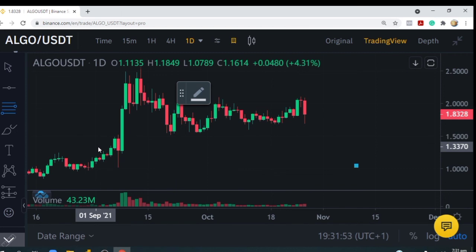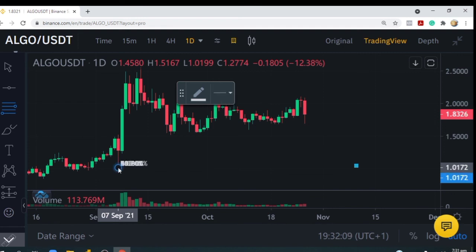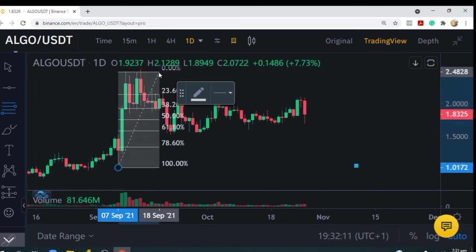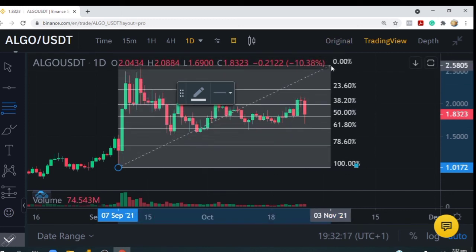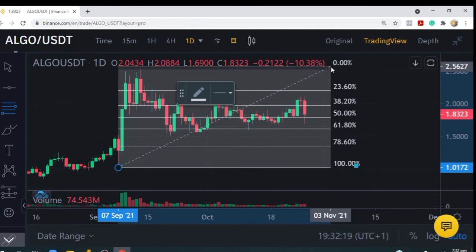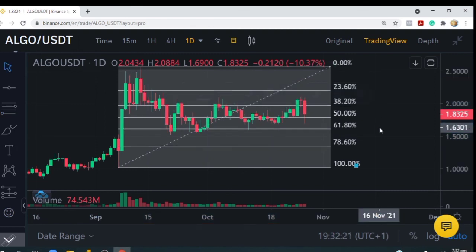You want to start drawing your Fibonacci retracement from the lowest swing low of a major move to the highest swing high of that particular move. So in this case, I would start drawing from this point up to the swing high. Okay, and then that is it.